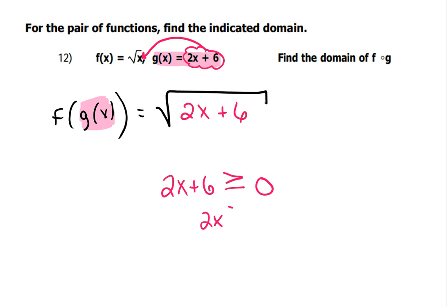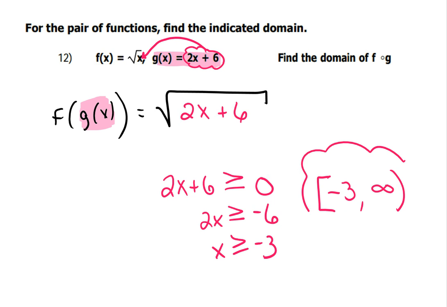So first thing I would do would be subtract the 6 and then divide by 2. So x has to be greater than or equal to -3, which in interval notation would be -3 with brackets to infinity with parentheses. And that'd be your answer to that.